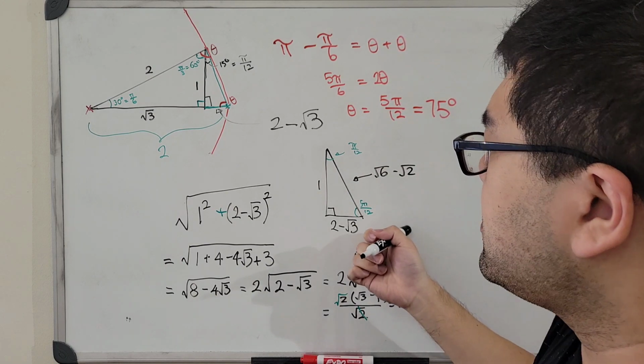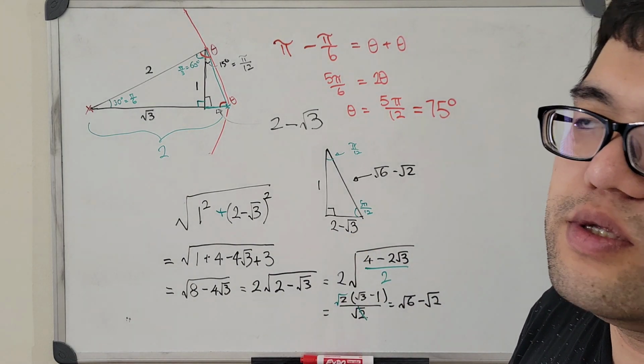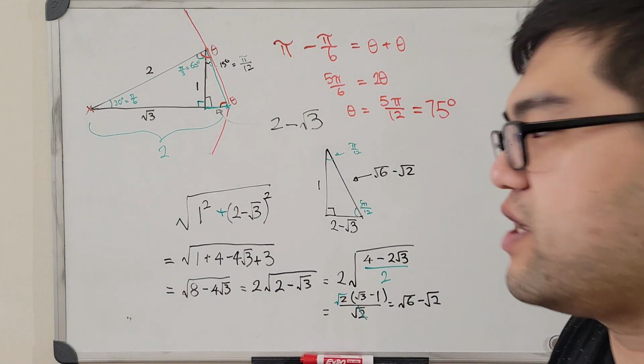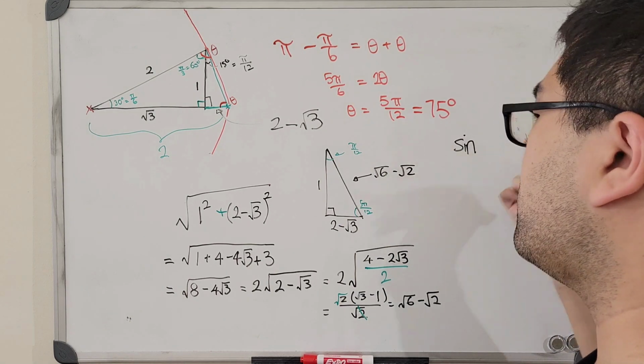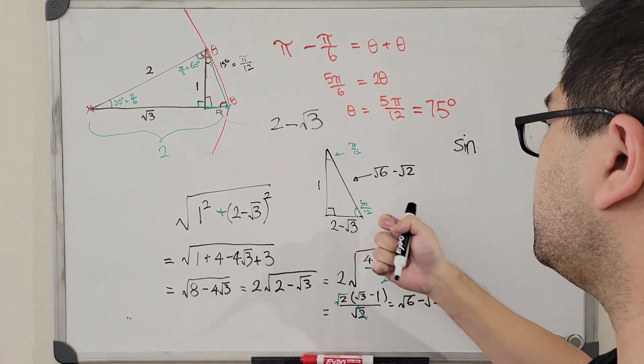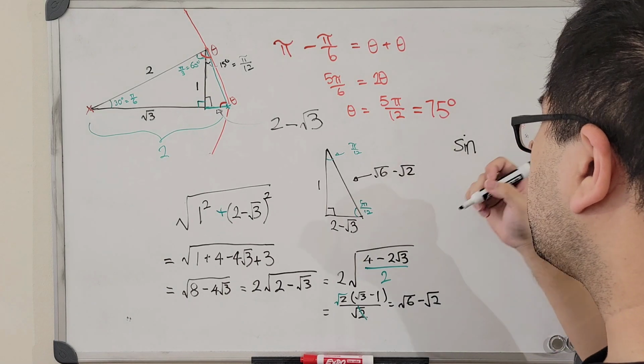And last but not least, we just need to use the definitions of sine, cosine, and tangent. Of course we can also include cotangent to get the result.